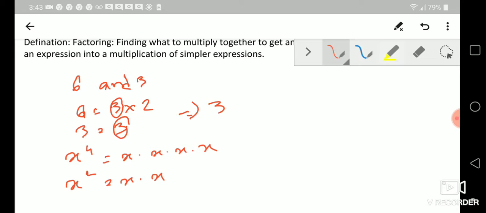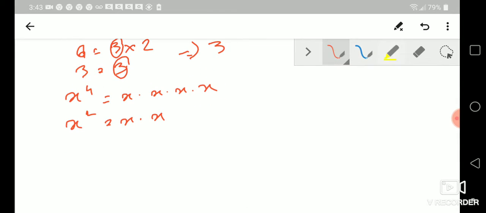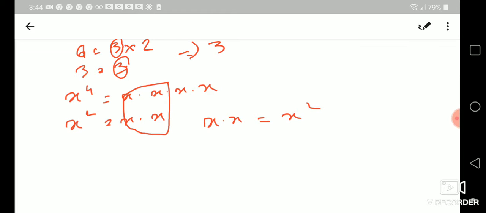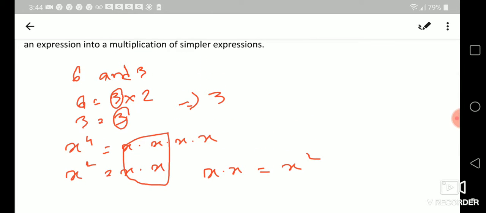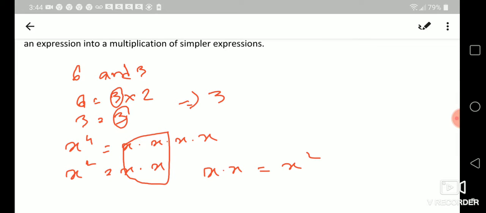If we look at what is common between these two, if we factor x squared out of x to the power 4, we are left with x dot x. So this is common between x to the power 4 and x squared, and our final answer will be x dot x. That's our factored form, and the final answer will be x to the power 2. So far so good. It works for both variables and numbers.